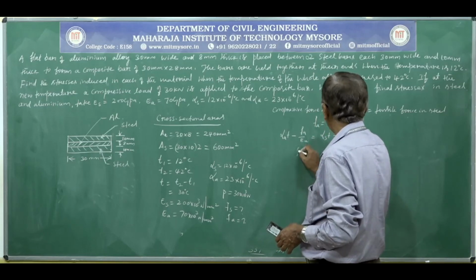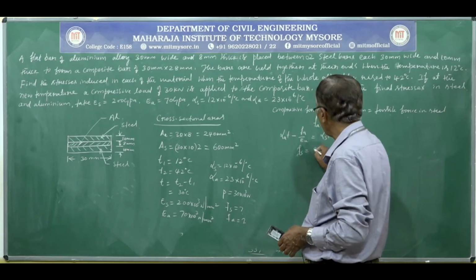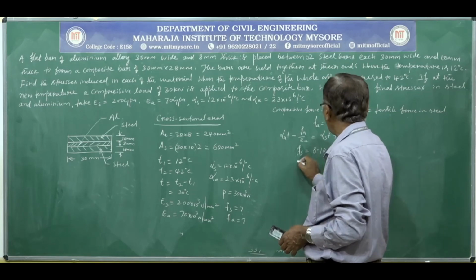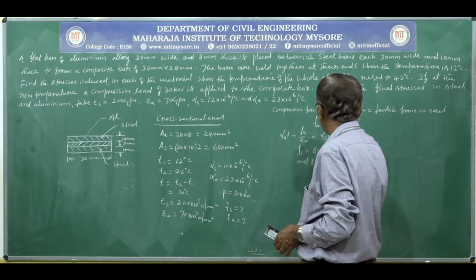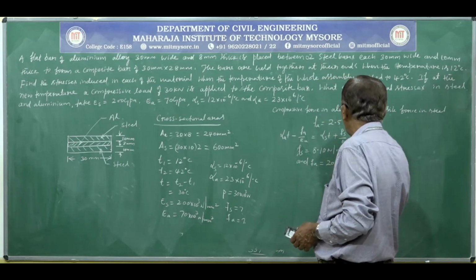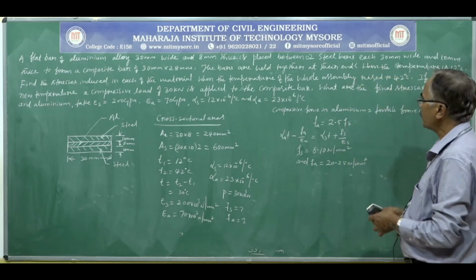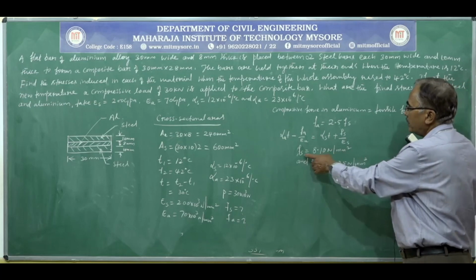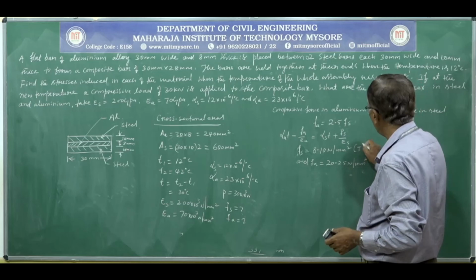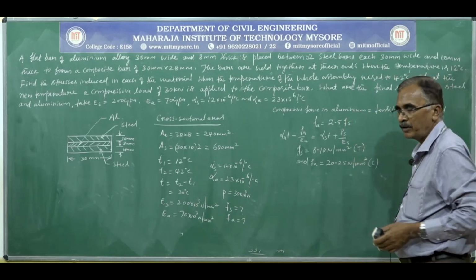Substitute the values, you will get Fs equal to 8.10 Newton per millimeter square, and by back substitution Fa is equal to 20.25 Newton per millimeter square. As we already discussed, tensile force in steel means tensile stress in steel, and compressive force in aluminum is compressive stress in aluminum.